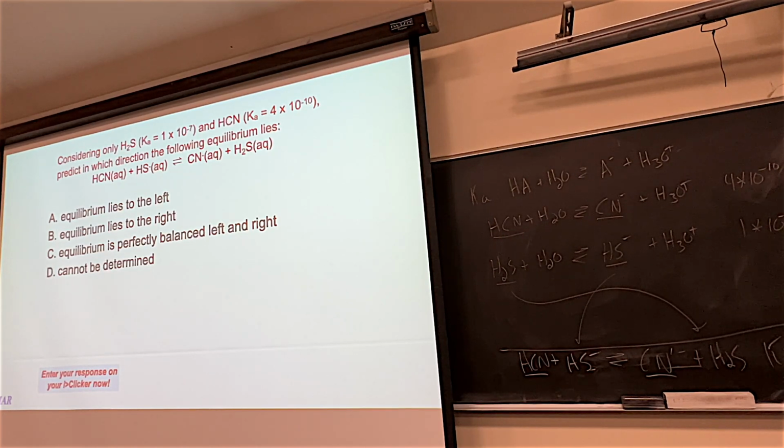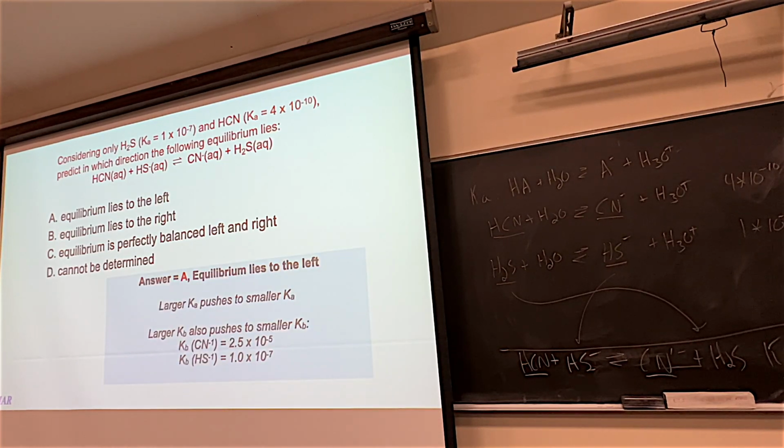That's another way to see that this is going to go to the left. So either hand waving using Kas, or you can actually calculate K like I did on the board. Either way is awesome, but it's going to be reactant favored. Equilibrium will shift to the left. Cool. So more than one way to win. Oh boy. Questions on that?